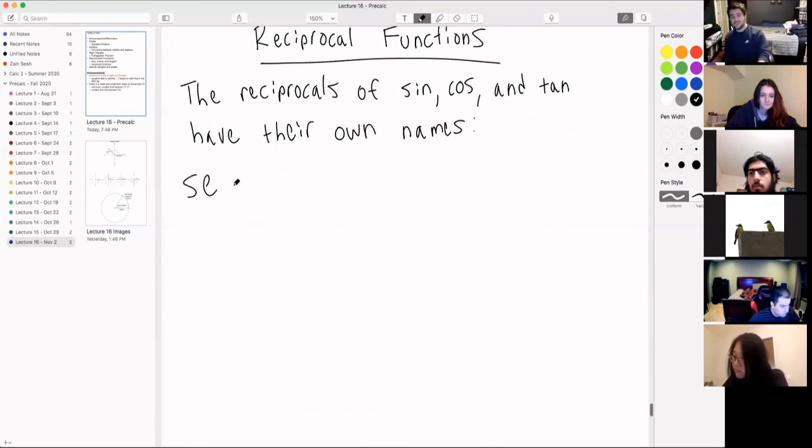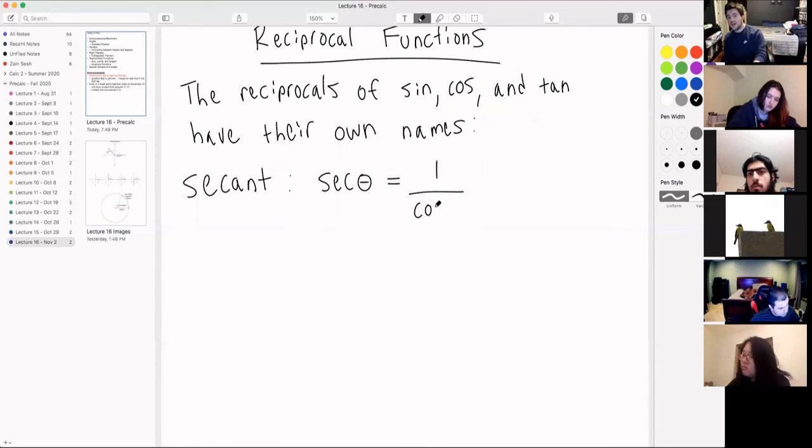The first one is called secant. The notation for this is sec theta, secant of theta, and this will be the reciprocal of cosine. In terms of the adjacent and hypotenuse definition, recall that cosine was adjacent over hypotenuse.